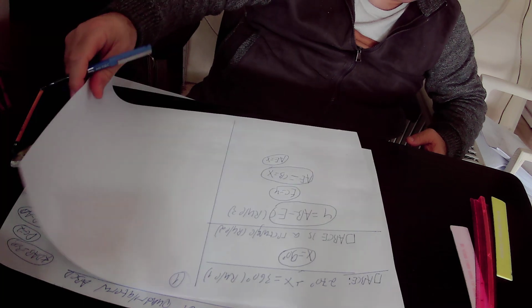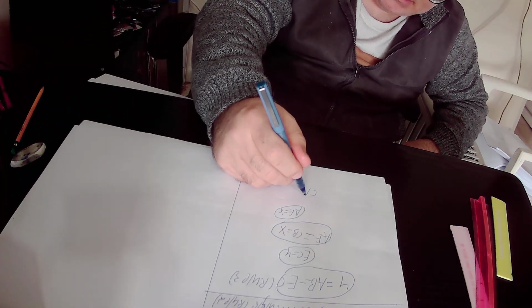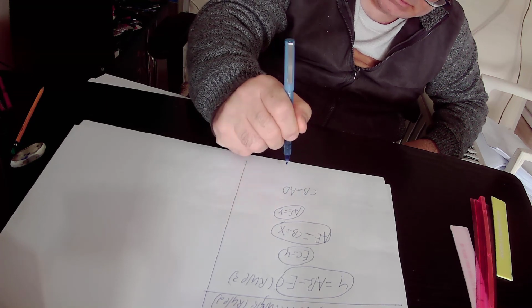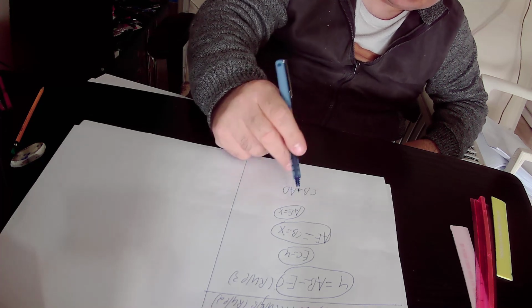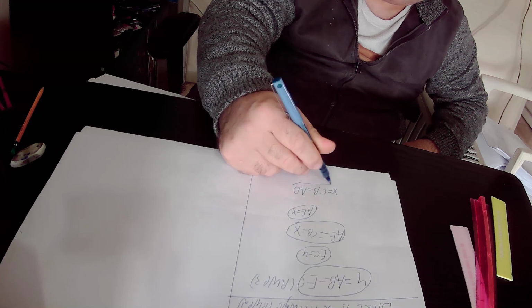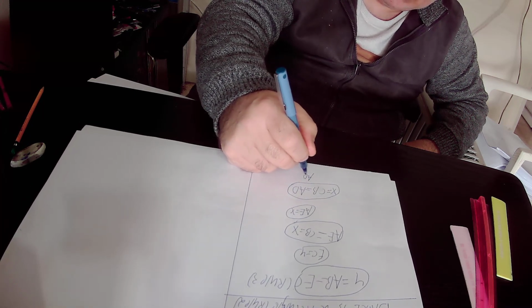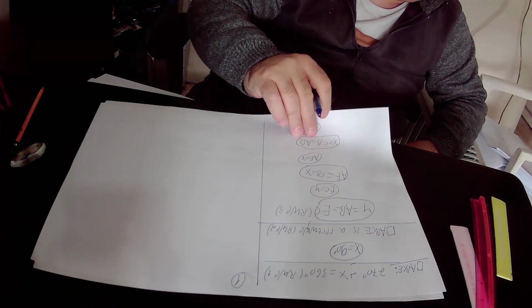It is given in the question that CB equals AD, but according to our definition CB equals x. So from this equation we derive that AD also equals x, AD equals x.